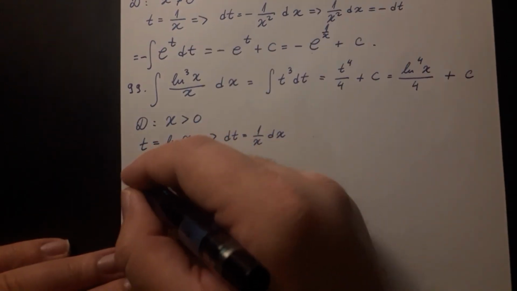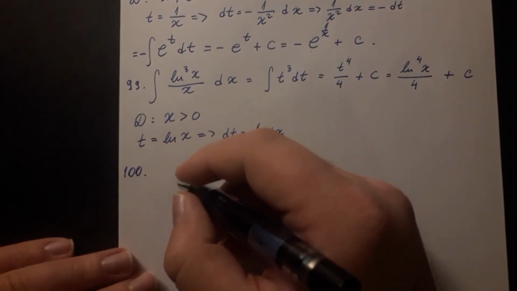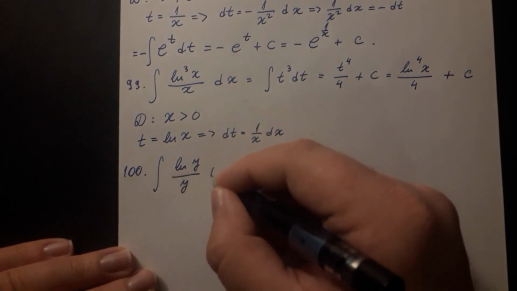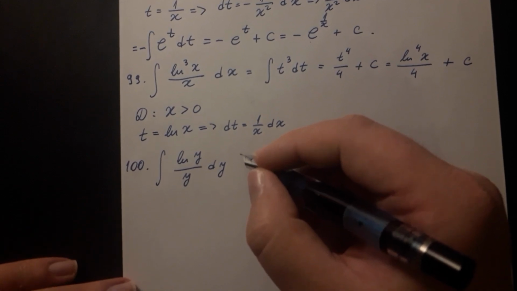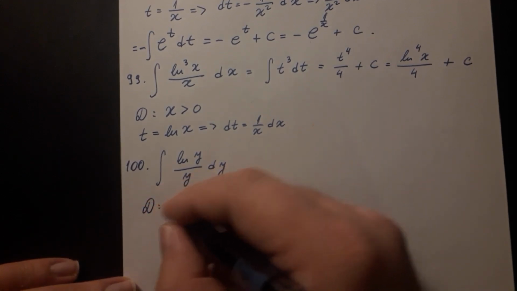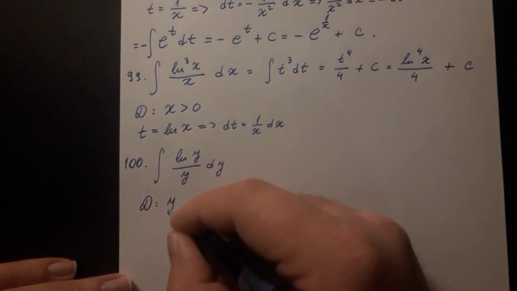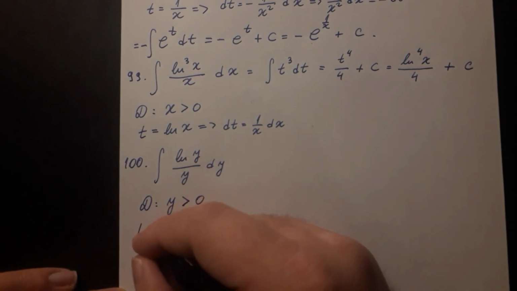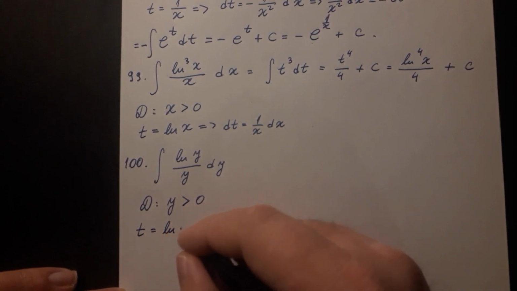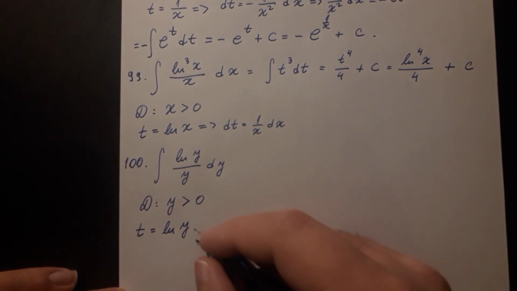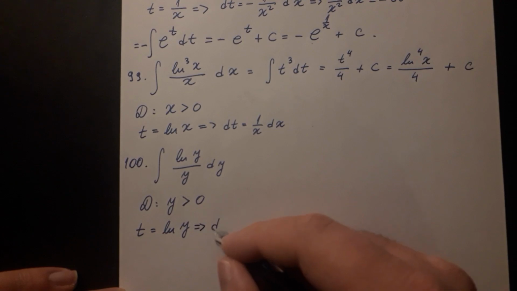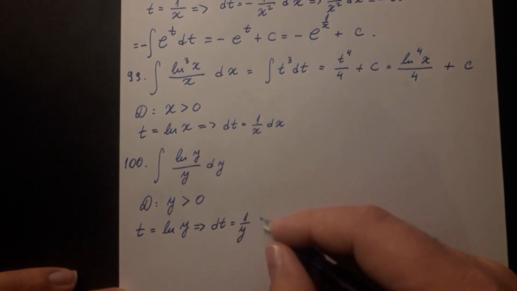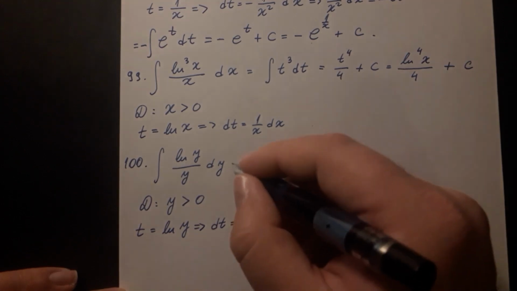And finally, problem 100 on our list is an integral of ln y divided by y differential of y. The area in which this integral is defined is for all y's which are strictly larger than 0. We can introduce the substitution that t is equal to ln of y, and that means differential of t is equal to 1 divided by y differential of y.